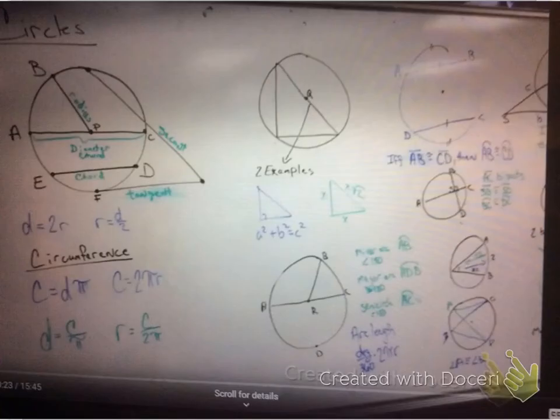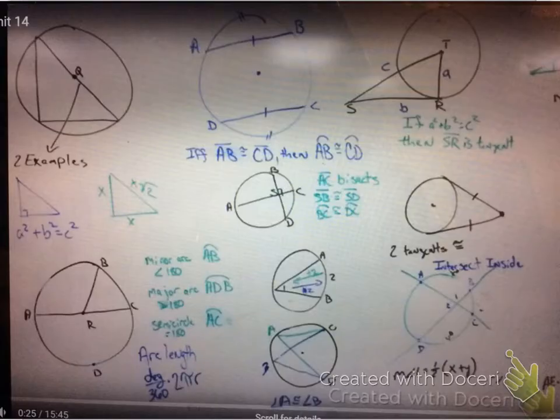Picture number 1 from my computer screen. I would tell you this is from the Unit 14 video, so if you want a better picture, then go to that. Here's picture number 2. You can pause again, maybe get some of this stuff down that you would need.